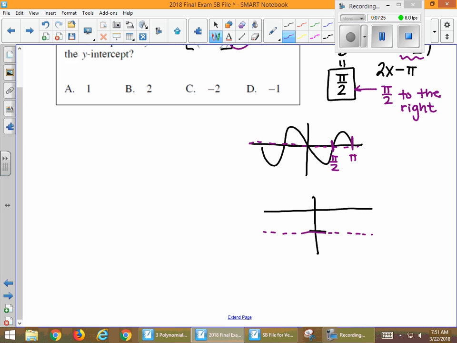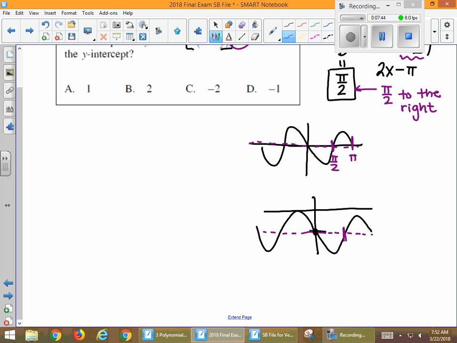So let's take this graph and move it down 1 unit. So it's my same pattern. I'm just going to recopy here. Down and then up. Other way, up and then down. And then I need to pick it up and move it pi over 2 to the right.